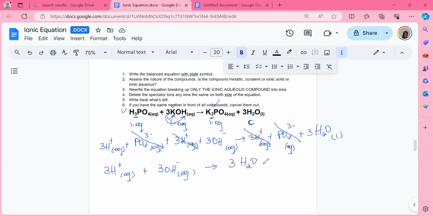Now, when I look at rule number 6, it says, if the same number is in front of all the compounds or ions, cancel them out. Now, 3 is in front of all of them, so I'm going to cancel it out. So what I'm left with is H plus, OH minus, and water, liquid.